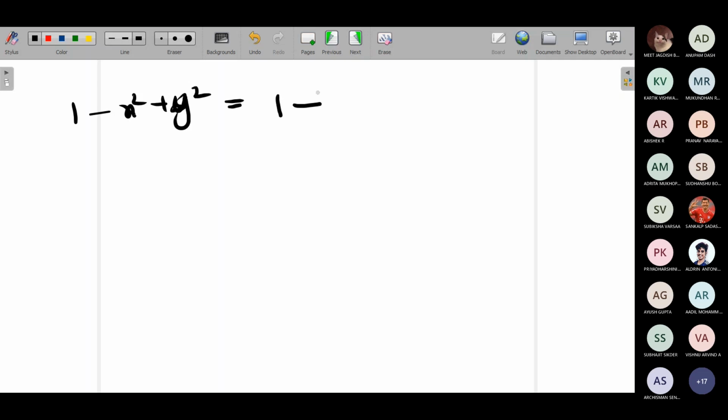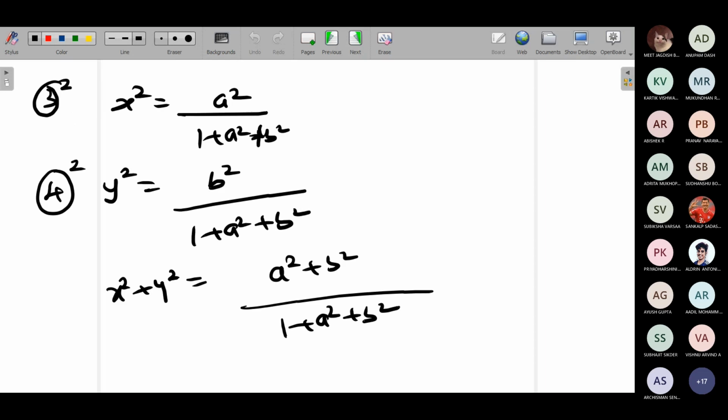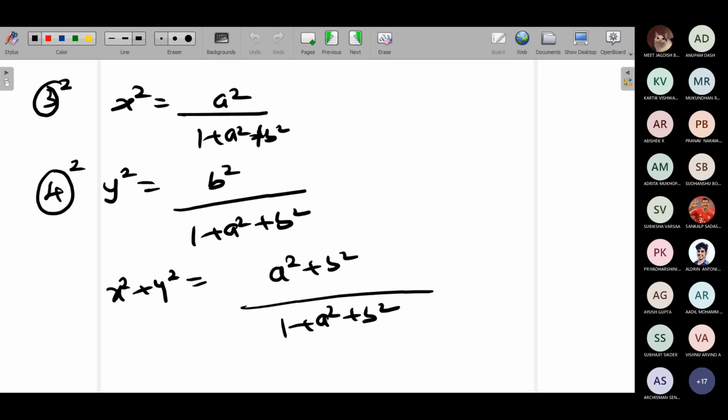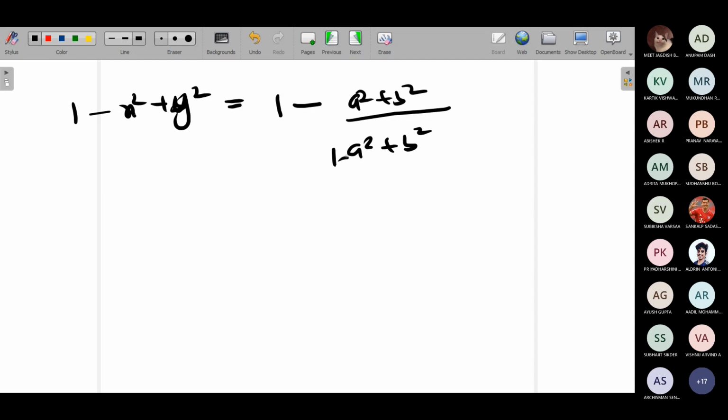So similarly here also, 1 minus a square plus b square divided by 1 plus a square plus b square. So this will be equal to 1 minus x square plus y square.